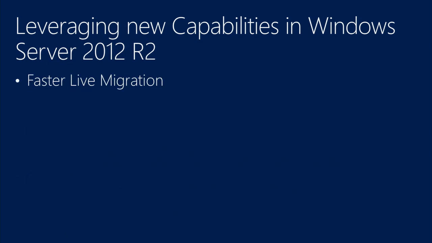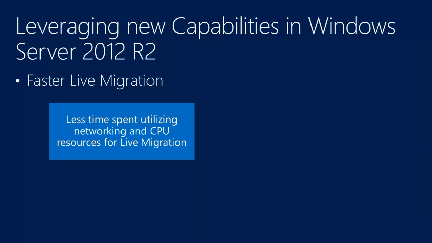And Contoso will also use, for this particular implementation, something called faster live migration, which we're going to demonstrate, and which is a new capability in Windows Server 2012 R2. It's not only about faster live migration per se, it will be faster, but it's also about spending less time using resources so that you can be not only faster, but you can use fewer resources to not impact the tenants.